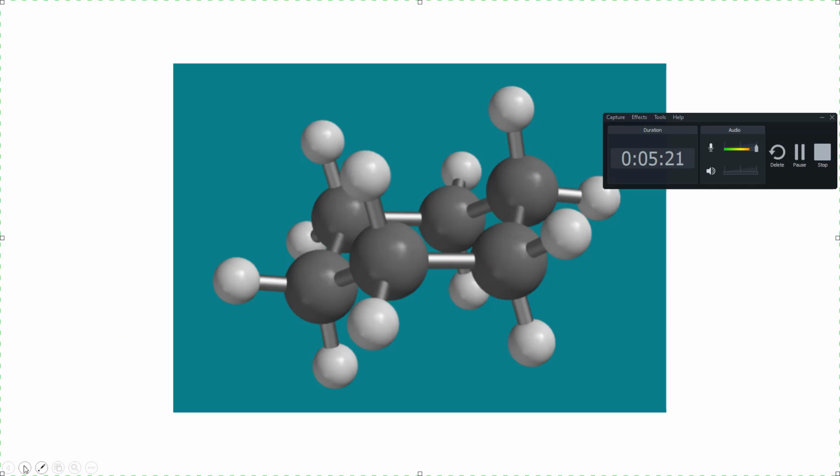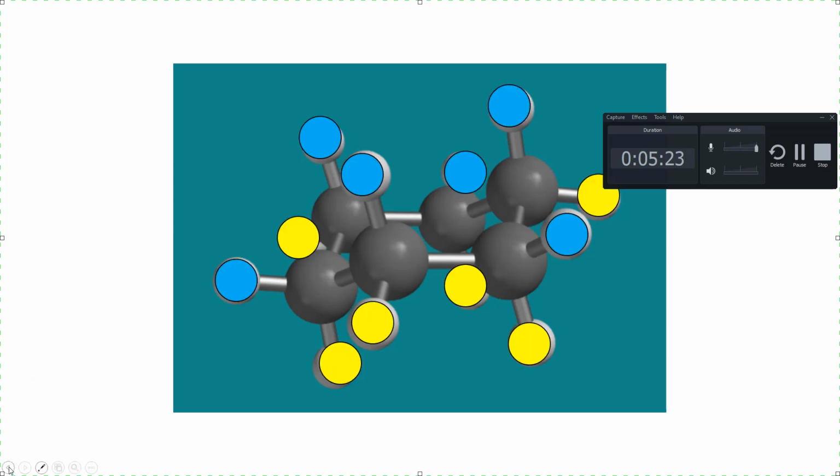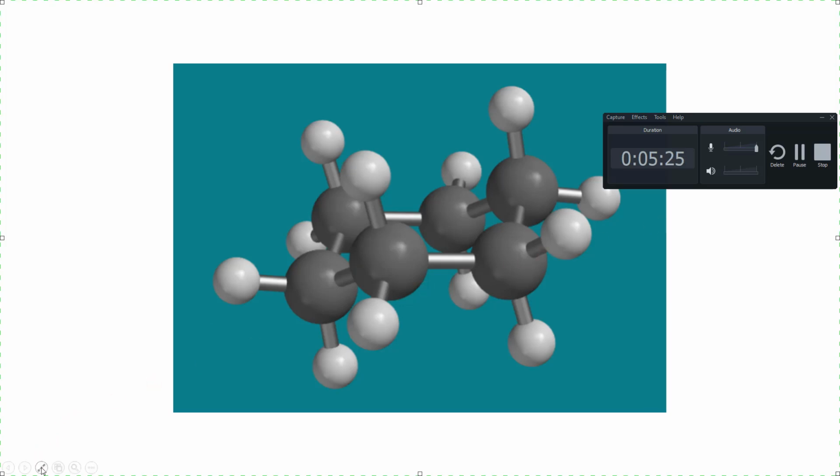Now the problem with cyclohexane is that it looks like it might be the least stable of all. If I took a cyclohexane ring and thought about this bond angle as being 120 degrees, that doesn't match up very well at all with the 109.5 degree bond angle that you would have for an sp3 hybridized carbon.